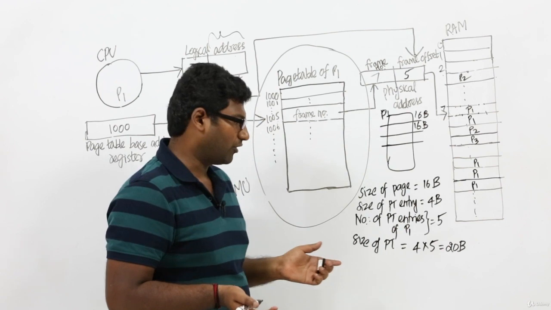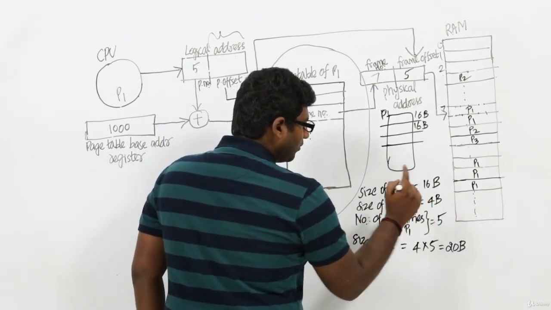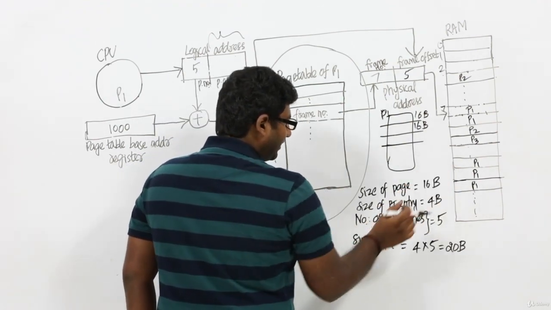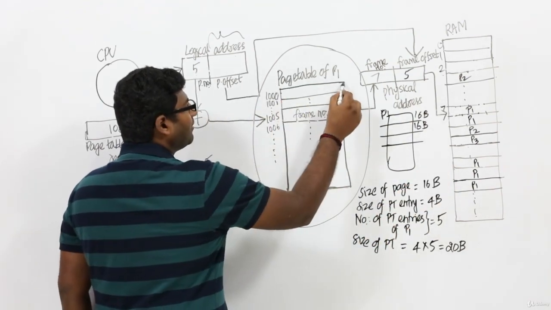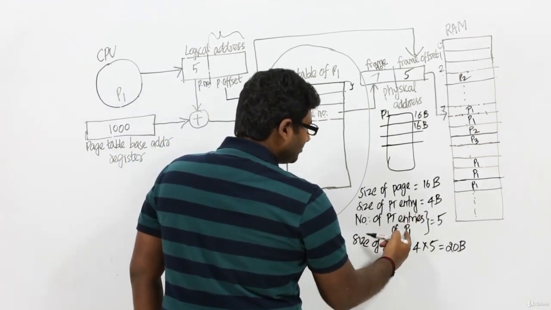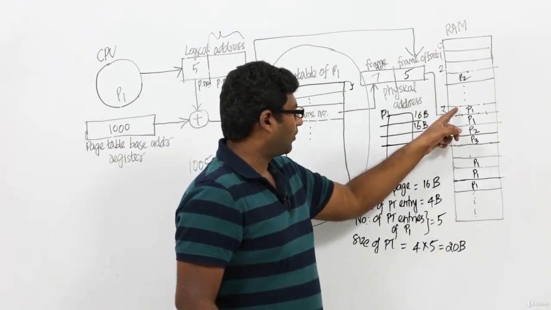That is what we have seen so far. Now let's assume that the size of a page table entry is 4 bytes, which means the size of a single page is 16 bytes and the size of a single page table entry is 4 bytes. The number of page table entries of process P1 is 5, since we have 5 pages for process P1.